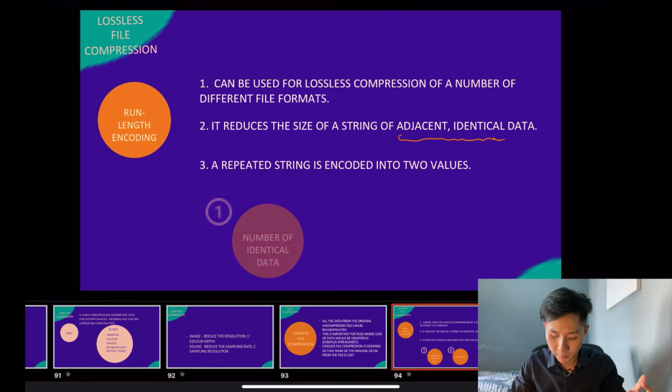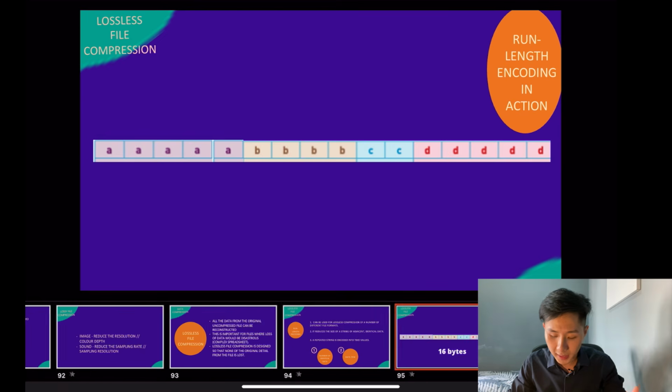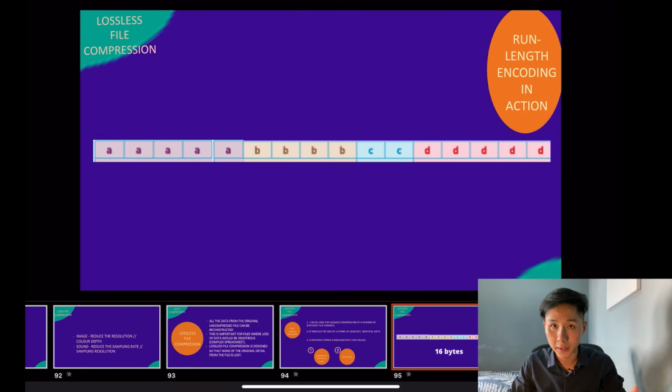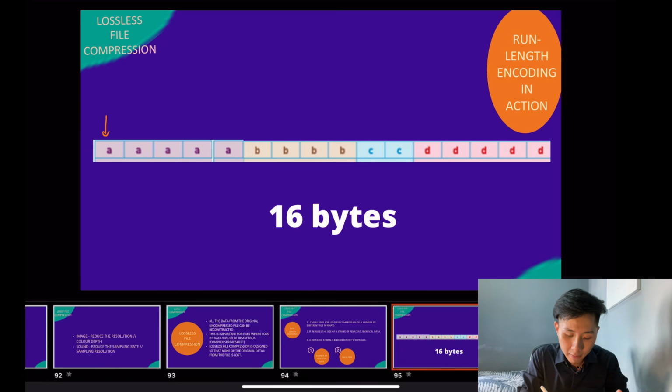Let me give you an example here. Let's say we have the data 5 A's, 4 B's, 2 C's, 5 D's concatenated together, and they are identical to each other and adjacent to each other. The file size here will be 16 bytes, assuming that each character is represented by 8 bits. But there's a way for us to further compress this file.